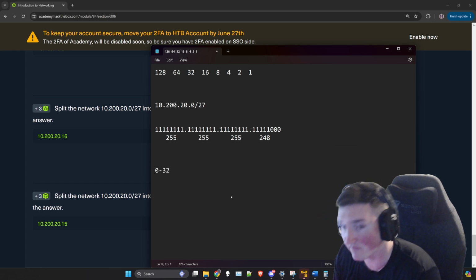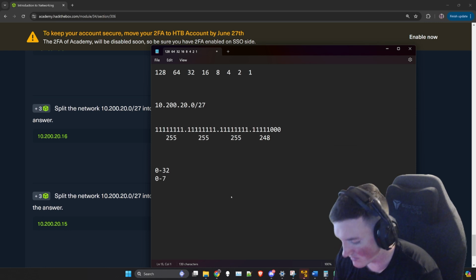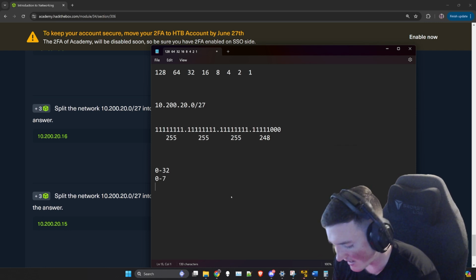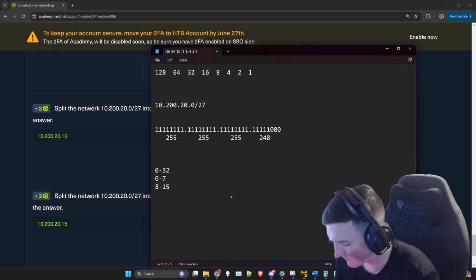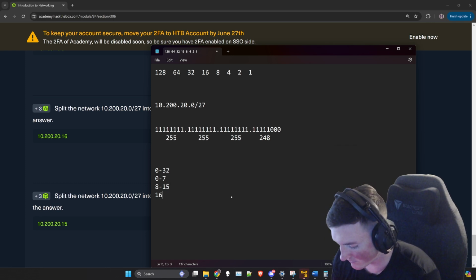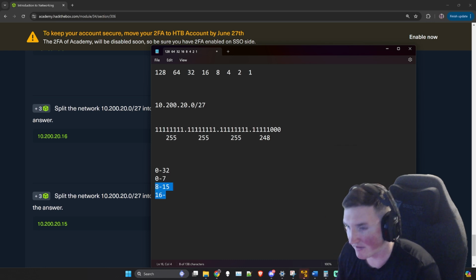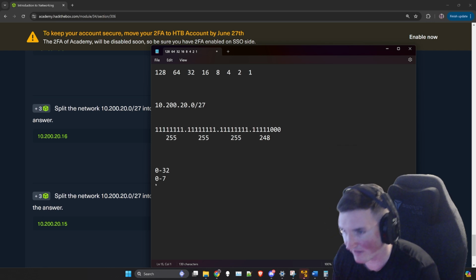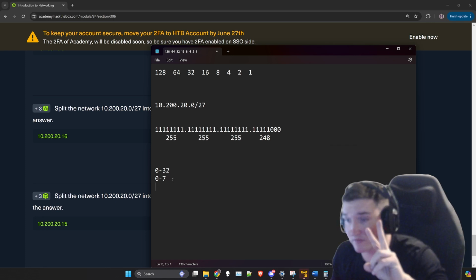Well, we've got to split them into 4 subnets. So we go 0 through 7, right? And then we go 8 through 15. And then we go, whoops, 16 through whatever. I'm not going to do the whole math, but it's actually 0 through 7, whatever. Split them into 8s. So the point is you're going to lose 2 of them, right?